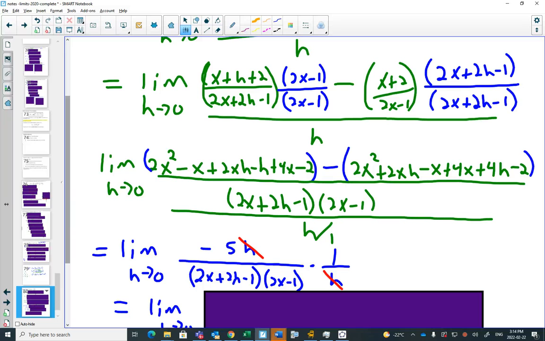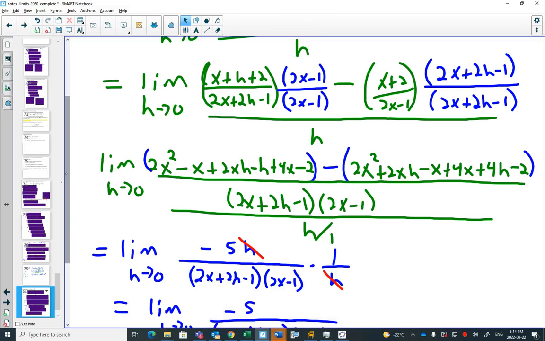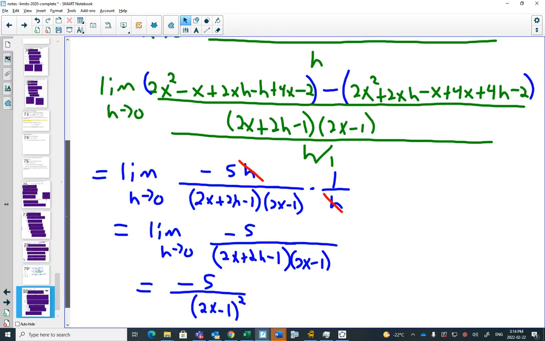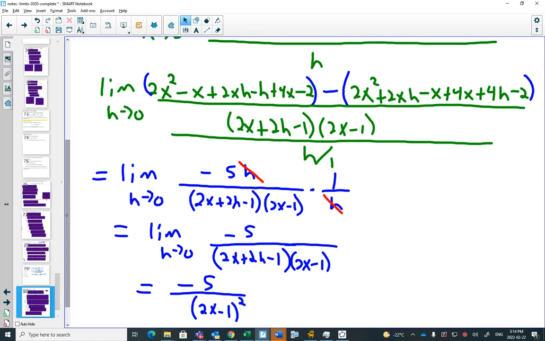And they go away, and that's our whole goal, because now you can plug in 0 for h and get −5 over (2x − 1)², and if you had multiplied out the bottom, that's fine as well.